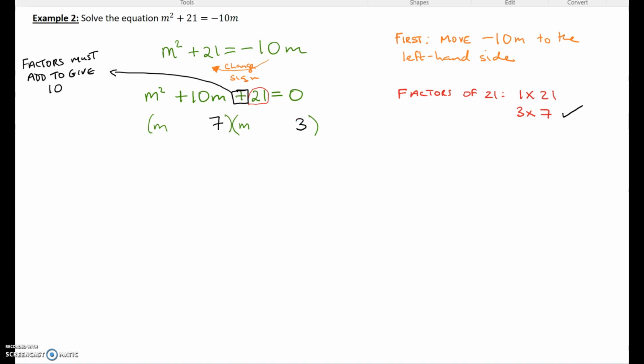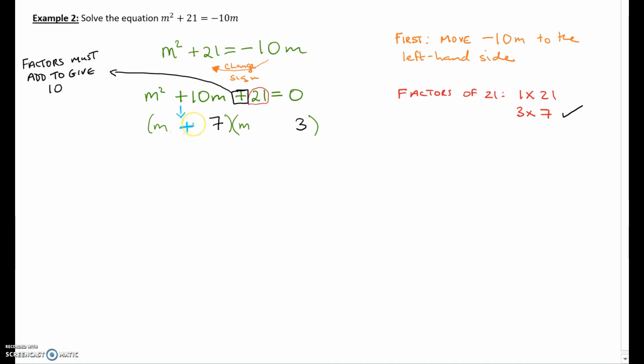We know, and hopefully on top of this at this stage, when everything's written on the left, now everything has to be written on the left at this point. So once everything is written on the left, the first sign in the problem will go in front of the bigger of the two factors. So we have 7 and 3. The bigger one is 7, so the first sign, which in this case was a plus, goes in front of the 7.